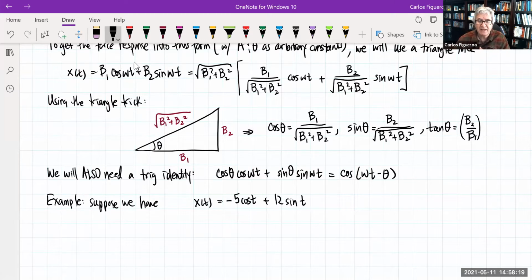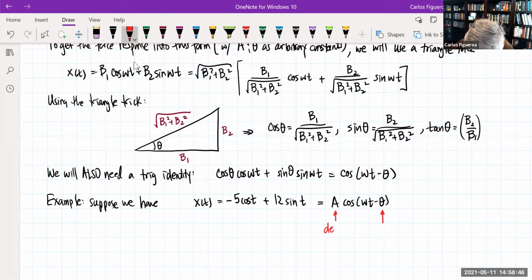Okay, if this is the case, my job is to rewrite this so it is in the form of A cosine omega t minus theta. So we want to determine the amplitude, and we want to determine what the phase looks like.